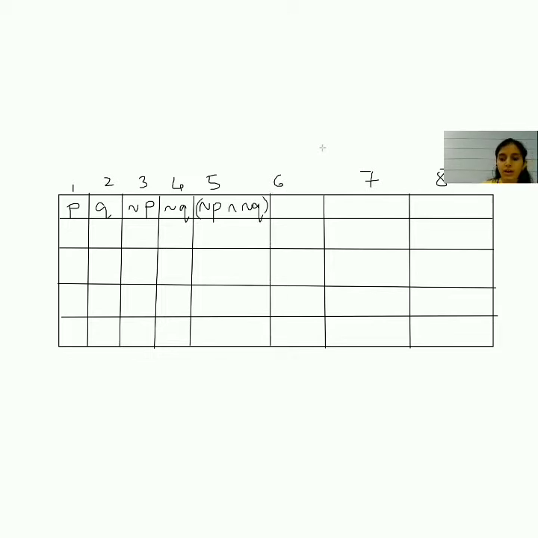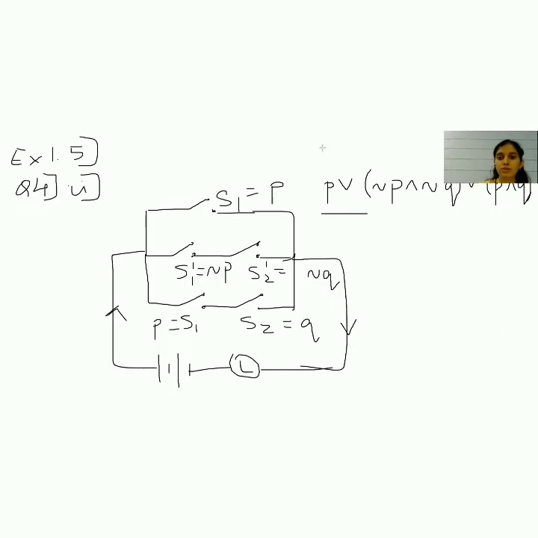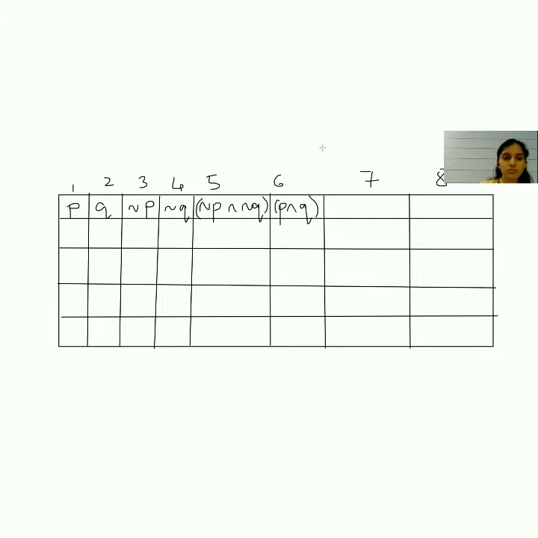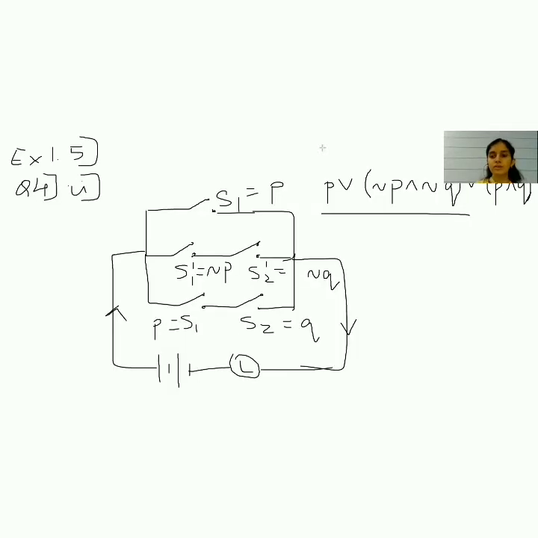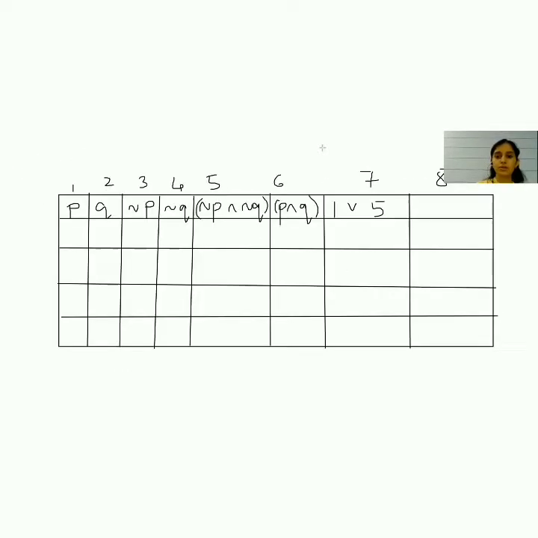Then we have P and Q in one of the brackets, so P and Q. Then the first part we'll do the ORing, so P or negation P and negation Q. So 1 or 5, and then it is ORed with P and Q, so 7 ORed with 6.